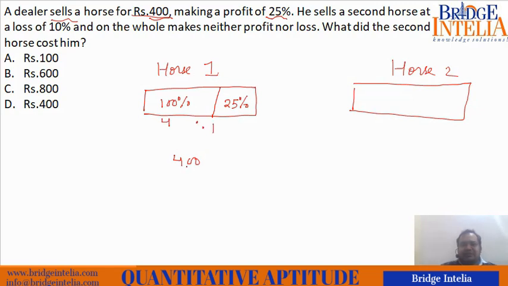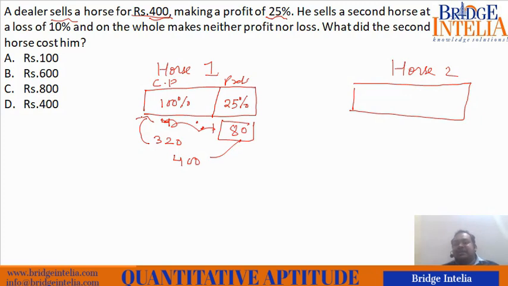So divide 400 in the ratio 4:1. This is equal to 320 and 80. So you can say 320 was the cost price of this horse, and 80 was the profit earned from here.